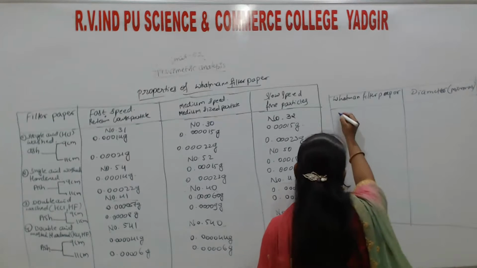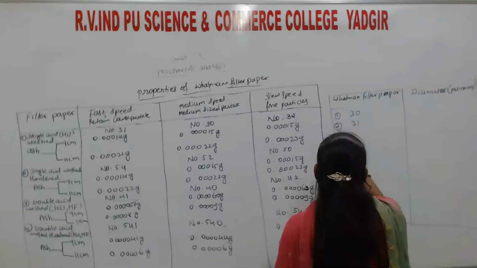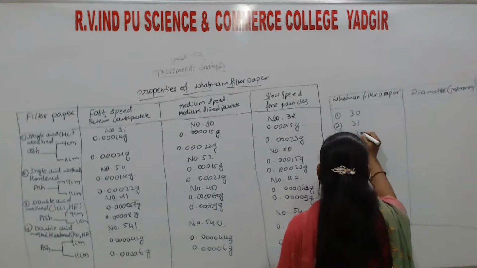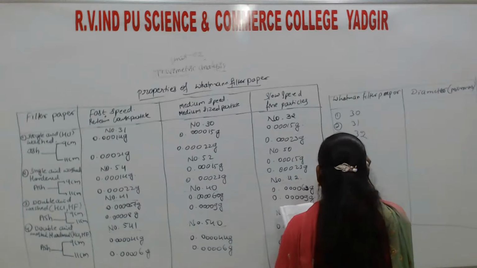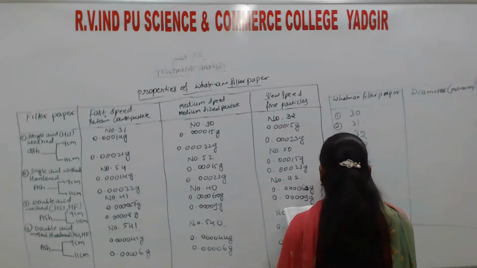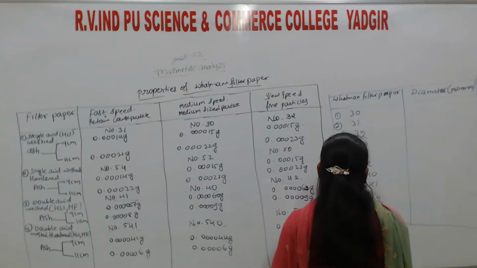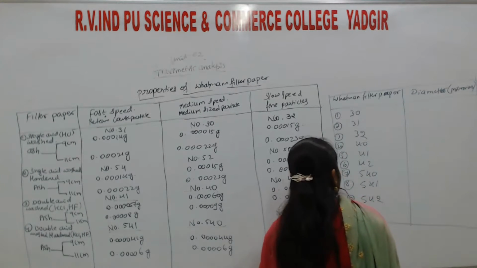Here are the Whatman filter paper numbers: first 30, second 31, third 32, fourth 40, fifth 41, sixth 42, seventh 540, eighth 541, and ninth 542.